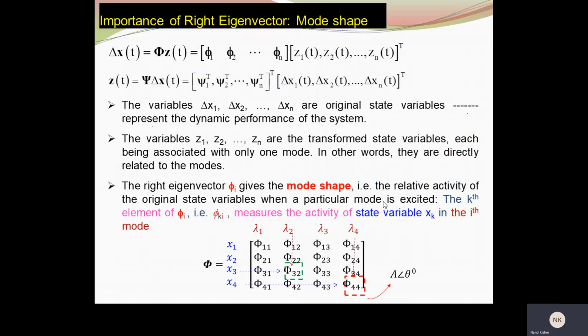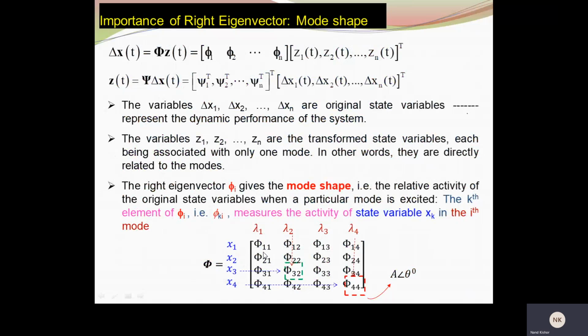If I represent this phi as a matrix, you have x1, x2, x3, and x4 as rows, and the eigenvalues lambda 1, lambda 2, lambda 3, lambda 4 as columns.